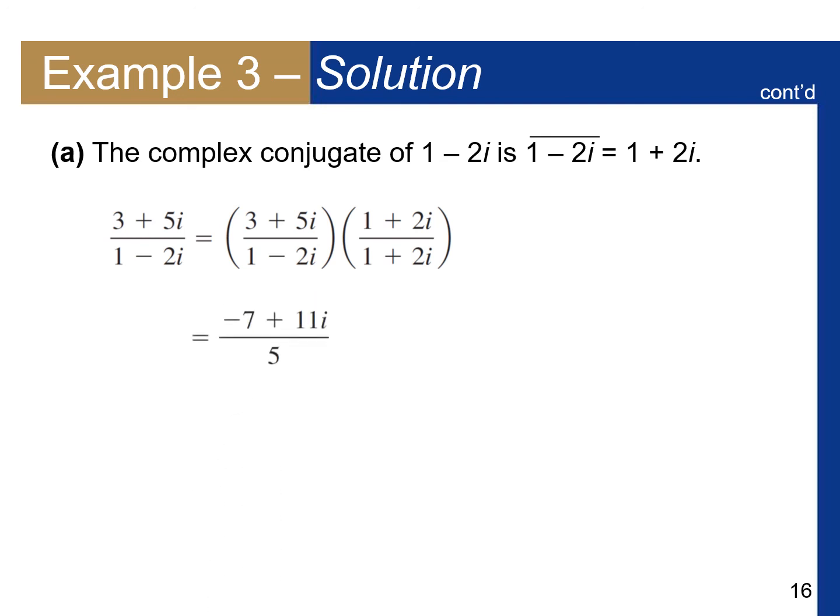When I FOIL that, I will get 5 on the bottom. You might say, how did I get 5? Well, square this, square the 2, and add them together, because when you distribute this, you're going to have a negative and then an i squared, so it becomes a positive. So it's just 1 plus 4 on the bottom.